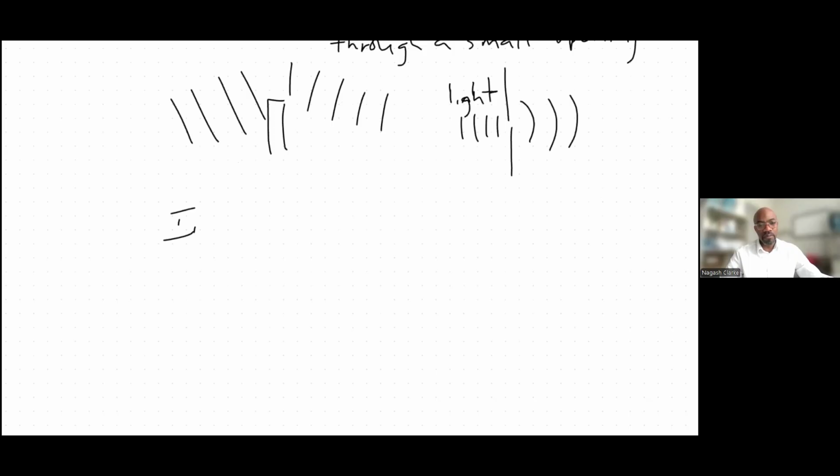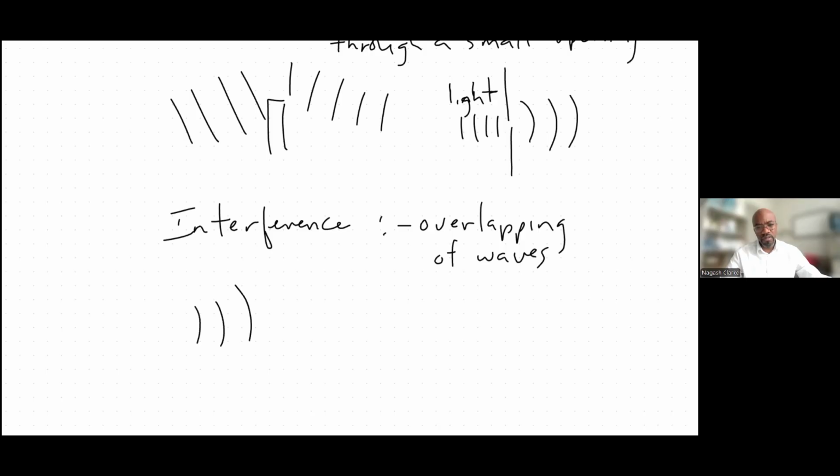Interference. This is when you have overlapping of waves. If you have waves that are generated simultaneously, one going from one direction, you have these overlaps.